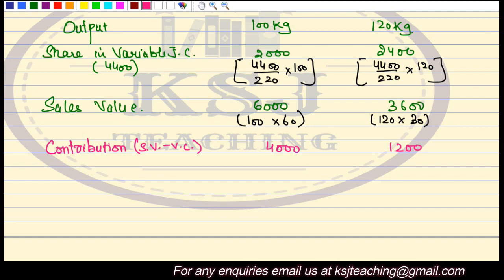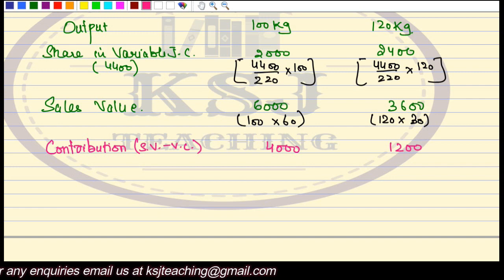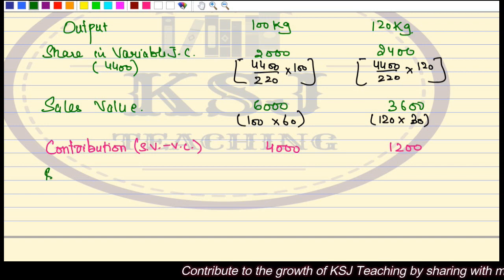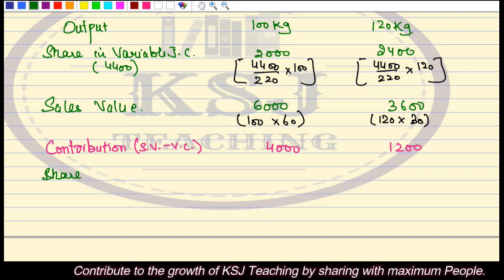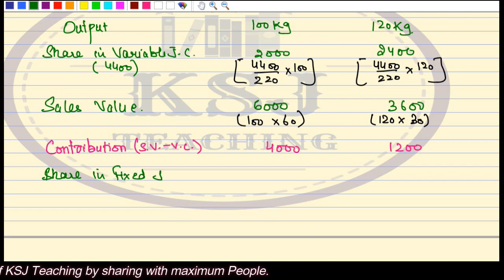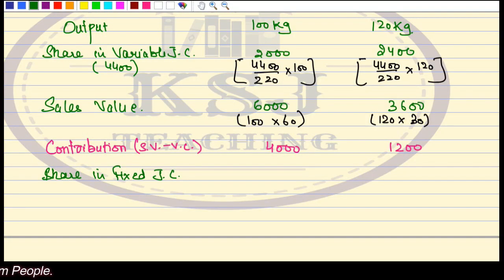Now this is the contribution margin you have got, right? 4000 for A, that is sales value minus the variable cost, and 1200 for B. Now the fixed cost is to be distributed. Share in fixed joint cost, what is the value? 3900.